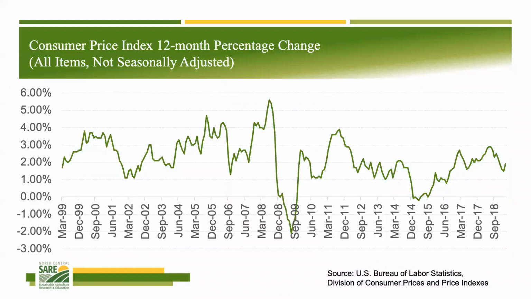This is a chart looking at 2000 through 2018 of the Consumer Price Index. Note this is for all goods. But in general, from 2020 to 2019, we've seen an average U.S. inflation rate of 2.19%.